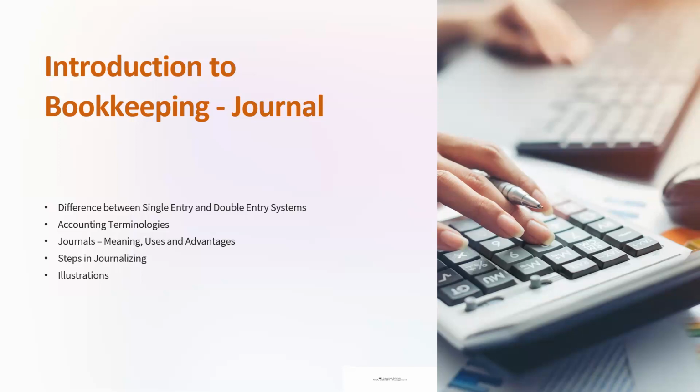Before going to that, we have to know about the difference between single entry and double entry system. What are the advantages and the disadvantages of maintaining single entry and double entry system? And we are going to see a few accounting terminologies, that is, a few terms which are used when posting the transactions.